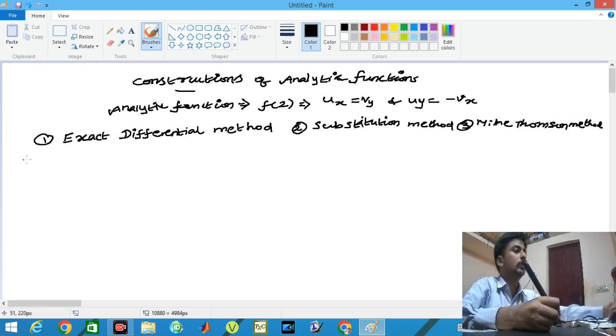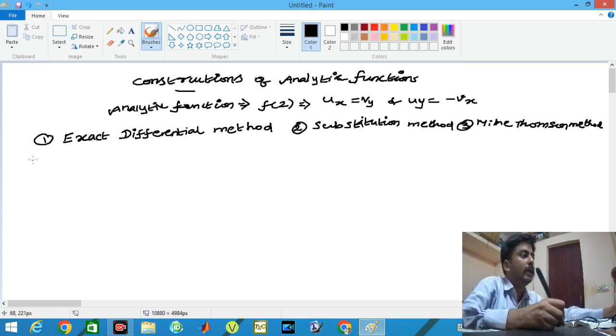So first we are going to see the exact differential method.